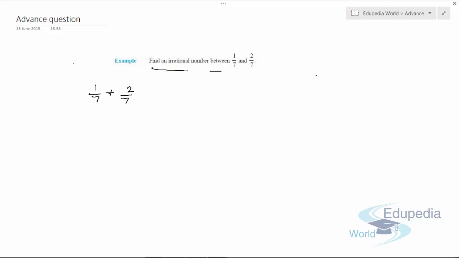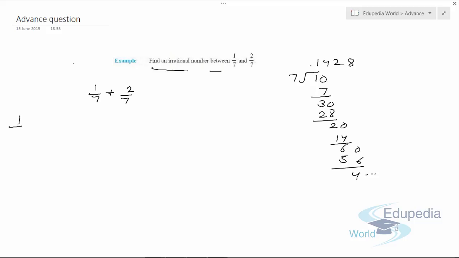When we divide 1 by 7 we get 0 decimal, 7 ones are 7, 3, 0, 7 fours are 28, 2, 0, then 7 twos are 14, then 6, 0, 7 eights are 56. It will go on. So clearly we can say 1 by 7 is 0.1428 and it goes on.